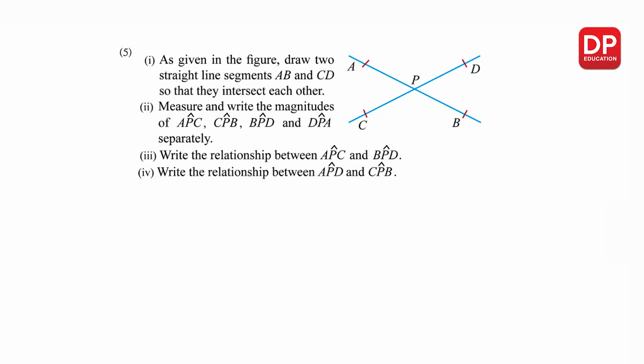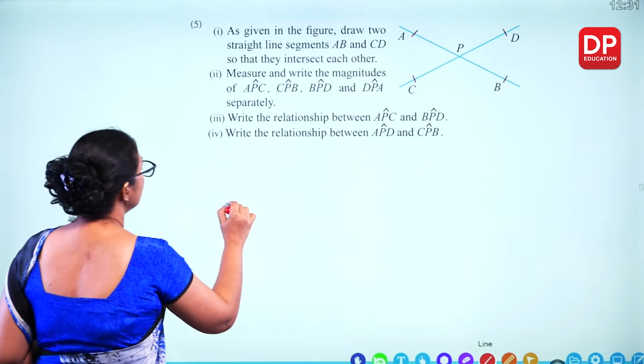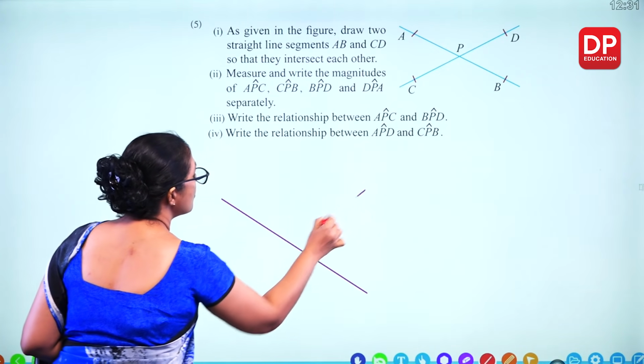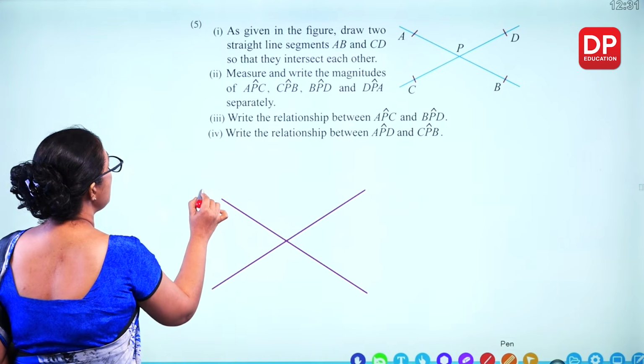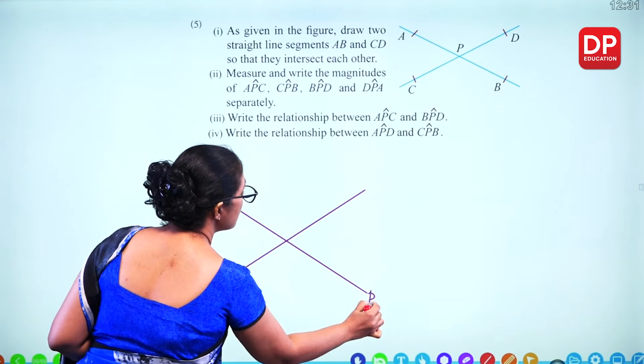As given in the figure, draw two straight line segments AB and CD so that they intersect each other. So you take the ruler, draw two lines like this. What are the two lines? AB and CD.